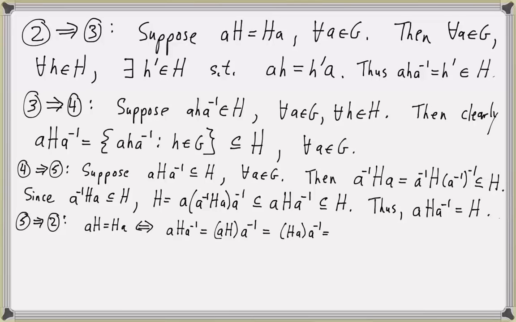But then this simplifies to Haa⁻¹, which just equals H. So we see that aH equals Ha if and only if aHa⁻¹ equals H. So therefore, we've actually proved a stronger statement that 5 and 2 are equivalent statements. And this completes the proof of the theorem.